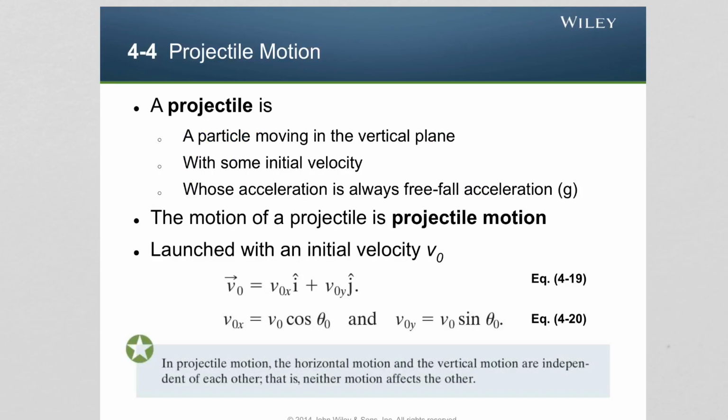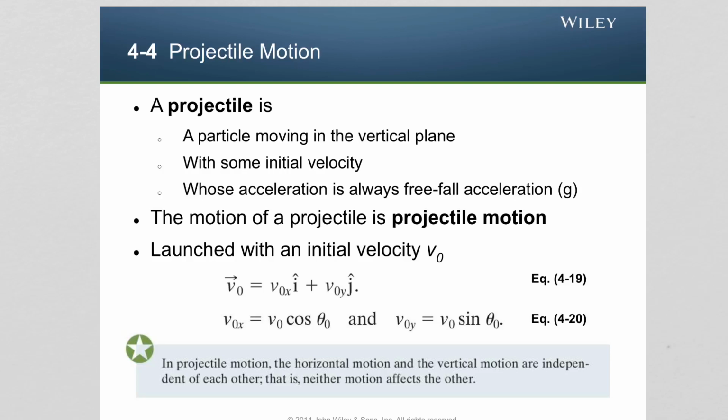And so one more time, the initial velocity v0 of the projectile is equal to v0x i hat plus v0y j hat, where v0x is equal to v0 cosine of theta and v0y is equal to v0 sine of theta.